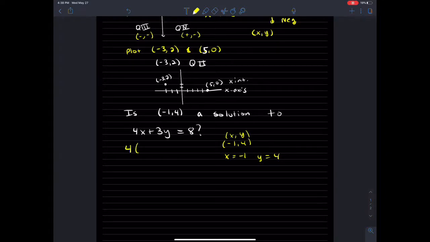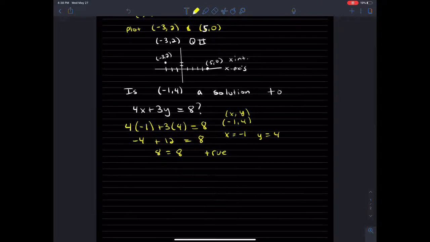So 4 times -1 plus 3 times 4, does that equal 8? It's -4 plus 12. So yeah, that's true, which means that (-1, 4) is a point that lies on the line 4x plus 3y equals 8.